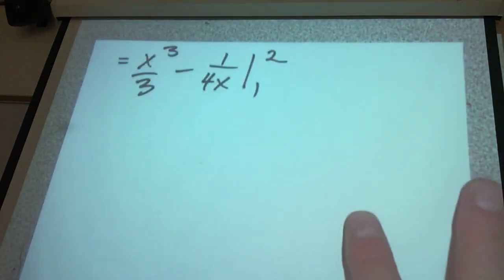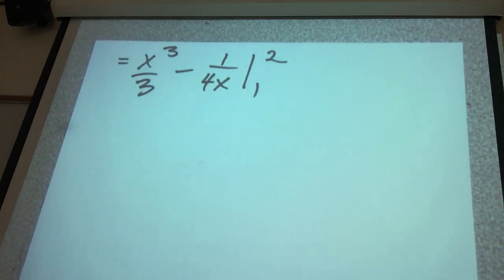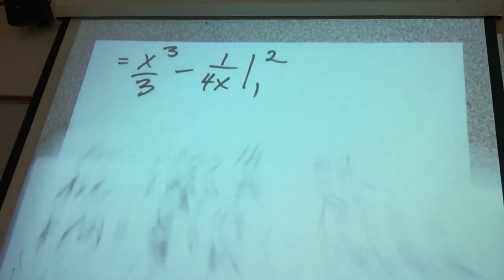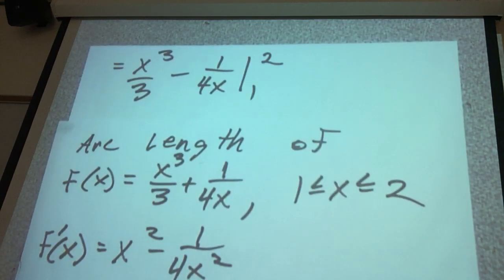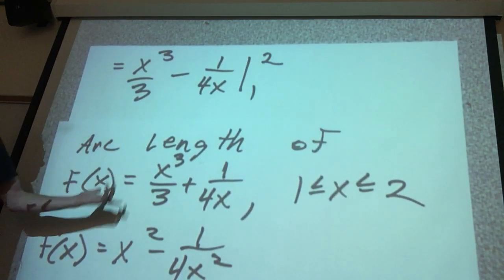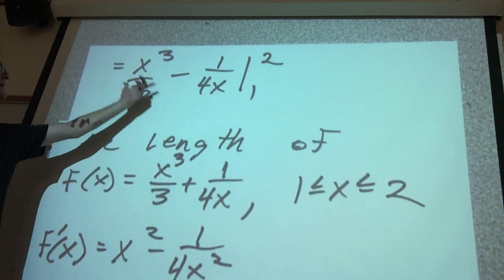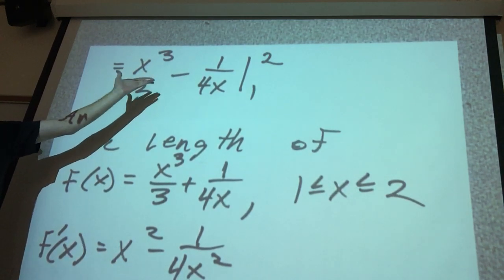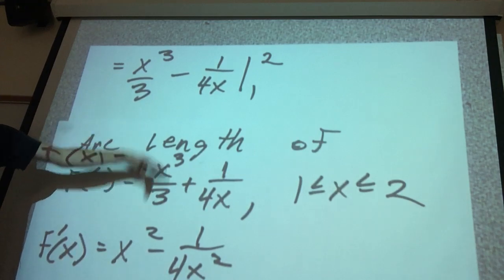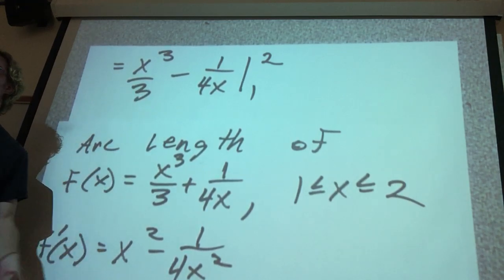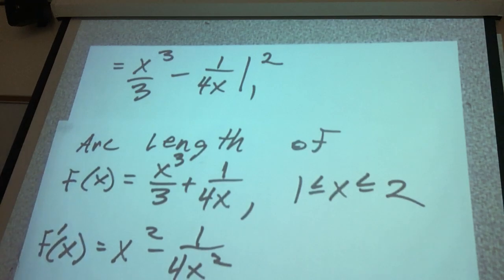I mean, that we were trying to calculate its arc length? Okay, so we got to that point right there. You see, what we began with was x cubed plus 1 divided by 4x, and when we get down to the end, yeah, it's going to be the same thing, but the plus is going to become a minus, or if there's a minus, it's going to become a plus. Okay?